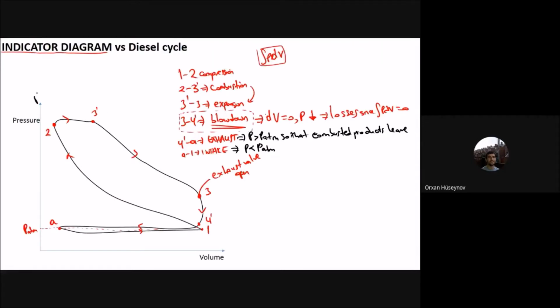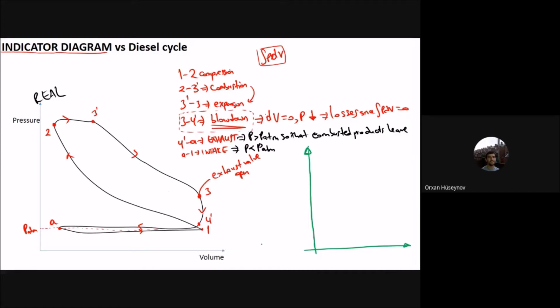This is the real one. Now, what we are doing in thermodynamics is approximating this diagram with some ideal processes and trying to understand what happens in reality. Because reality is very complex. It is not very easy to understand the real processes because you have three-dimensional effects and turbulence.